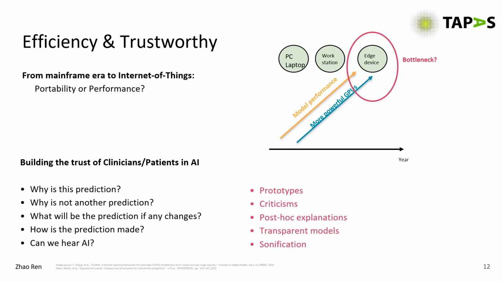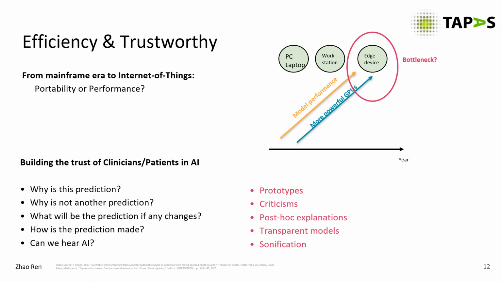They can be learned or they can be searched from the original audio samples to explain why this prediction is made. And we may also have another question: why is it not another prediction? We can use criticisms to generate, for example, the outliers, criticism audio samples from the whole data set. And what will the prediction be if there are any changes?